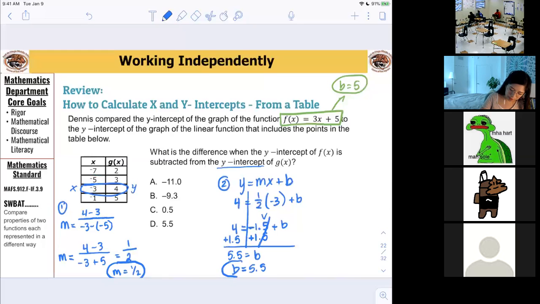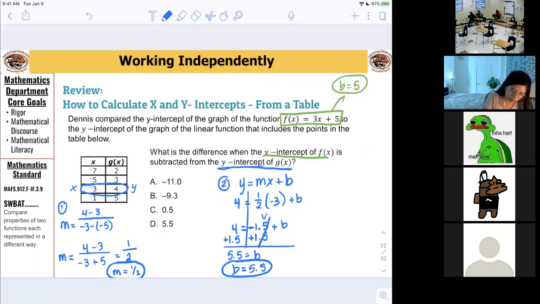Okay, almost there. And like Bianca was asking before, now that I have everything I need, I subtract them, because this is saying, what is the difference when the y-intercept of f of x is subtracted from the y-intercept of g of x? So what am I doing? Am I doing 5.5 minus 5, or am I doing 5 minus 5.5? Read it carefully. You have to do 5 minus 5.5.